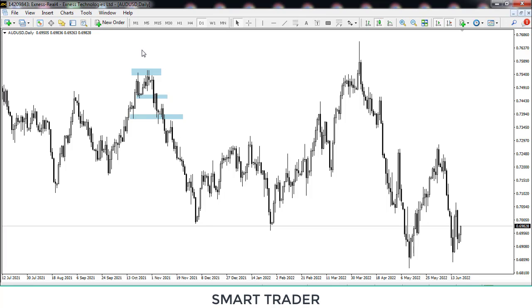Low, low, low, high is a downtrend. When the market is in the downtrend, you're looking for sells, and this is the right support level. Break above becomes resistance, and a support level that breaks becomes resistance.